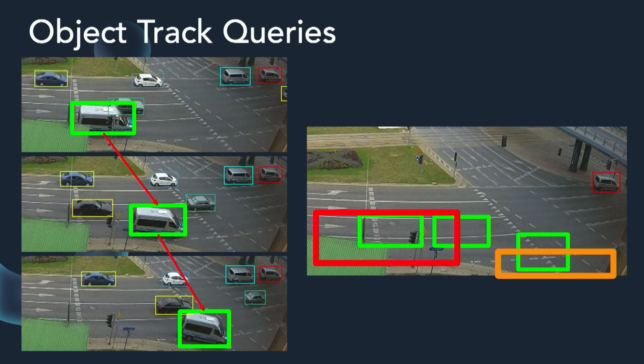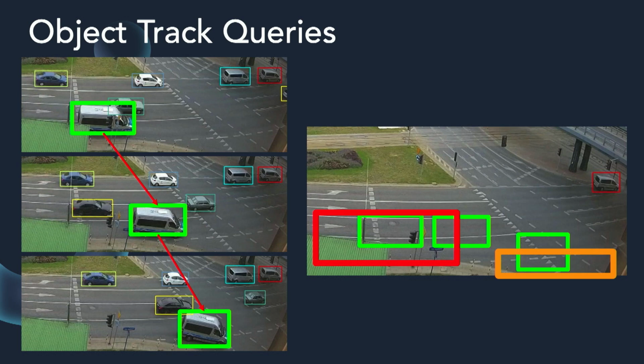Now the way we're going to query this is we're going to allow users to specify regions of the video that they're interested in seeing objects move through. In this particular case, this is a fixed traffic camera. So for this fixed traffic camera, I want to see cars turning right. Maybe I want to find all the cars turning right, so I can draw bounding boxes on this.